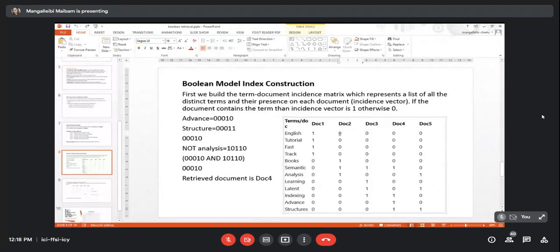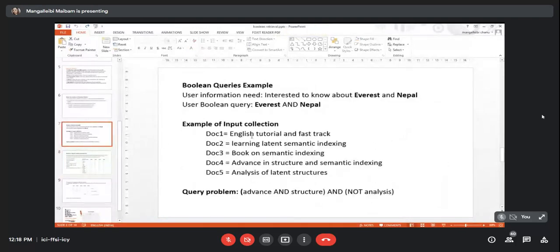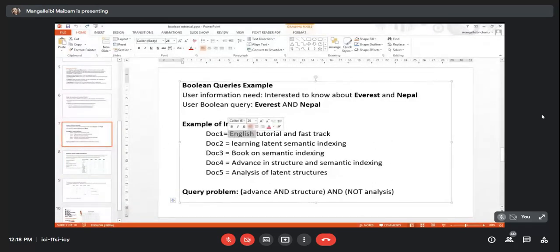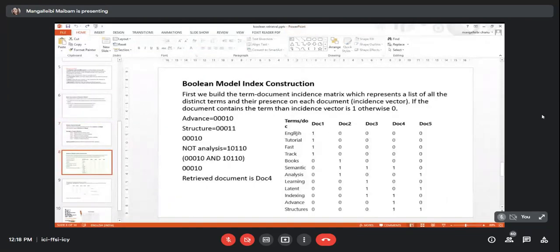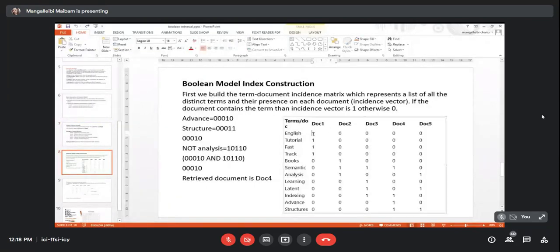If it is not there, write 0. That is what is written here. English is there only in document D1, so we write 1, and for the remaining documents it is not present, that's why we put 0.